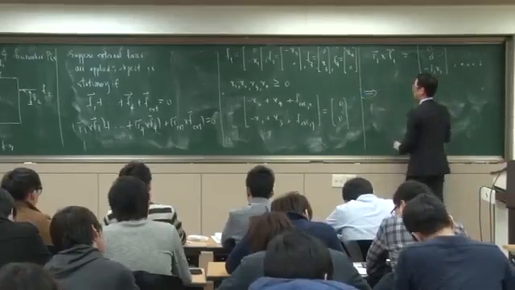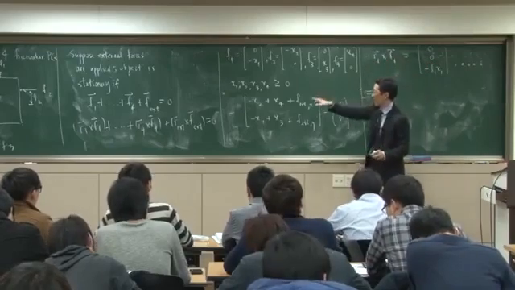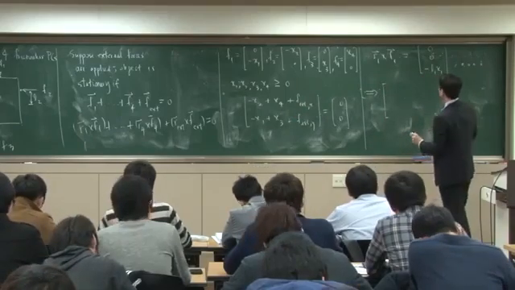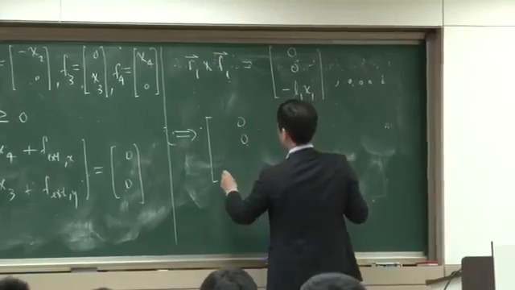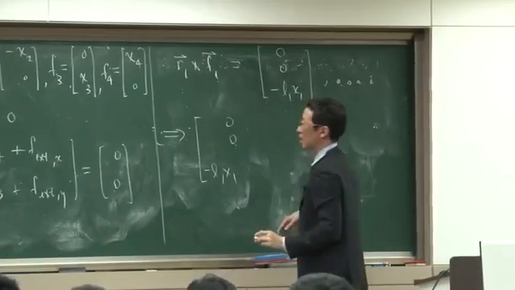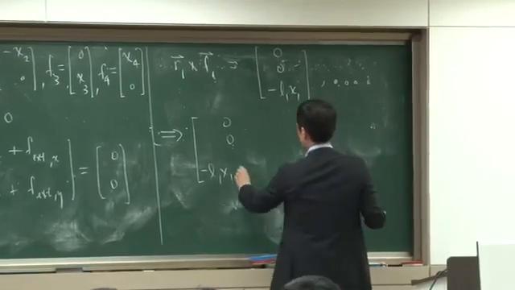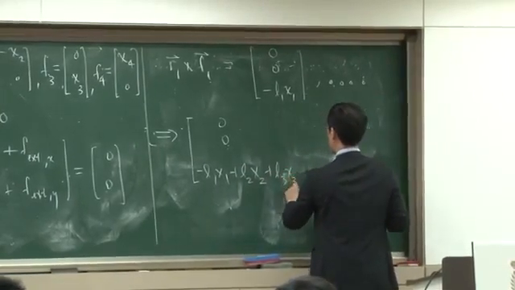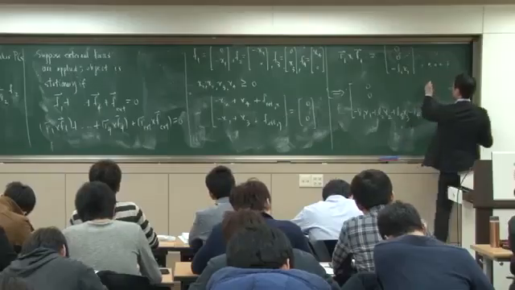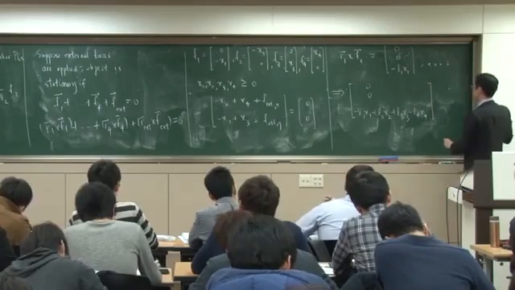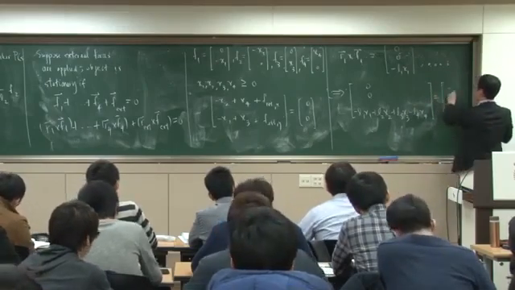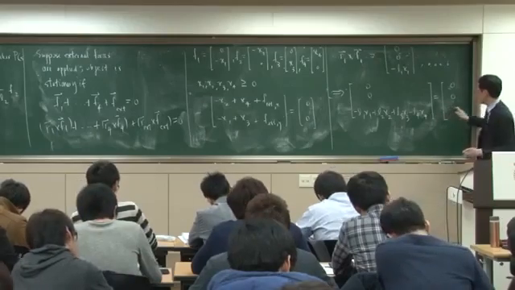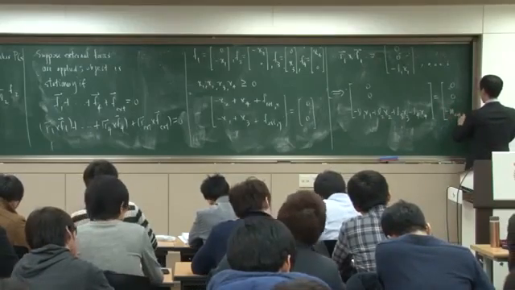If we calculate each of these terms independently and add them all up, what we'll get is 0, 0, minus L1 x1 plus L2 x2 plus L3 x3 minus L4 x4 equals 0, 0. And then we have the moment due to the external force here, so let me just call that minus m external z.